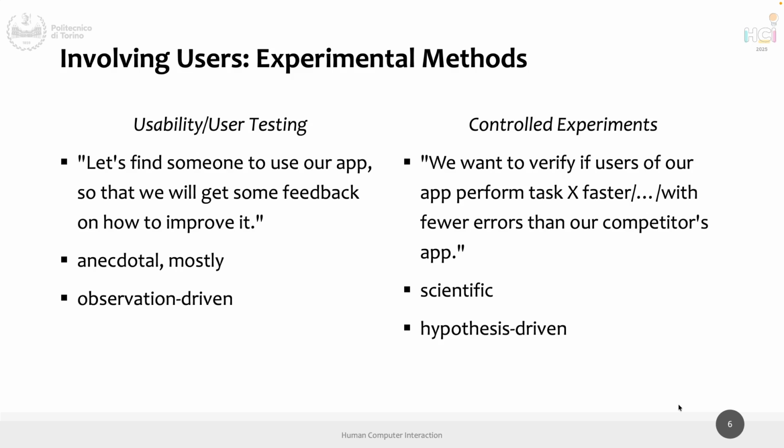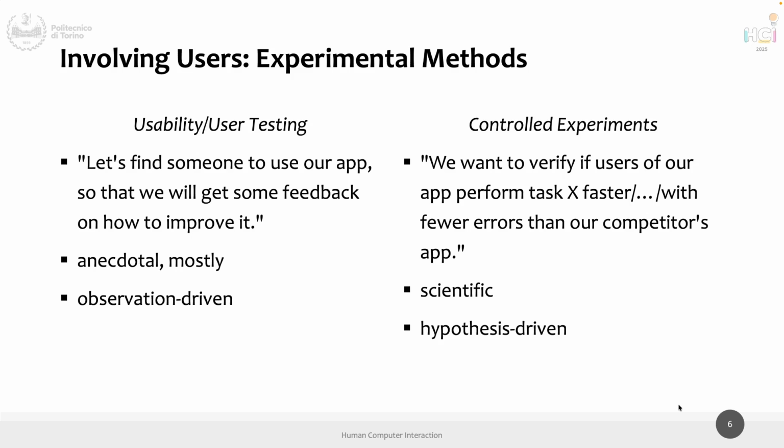But a controlled experiment is another kind of experimental method that involves users, and different from usability testing, that is, again, let's find someone to use the app and get some feedback, controlled experiments are more on the line of we want to verify if the users of our application perform a specific task faster, with fewer errors, with some other specific measure, specific goal than our competitor's app, or than another version of the app, or than a previous version of the app.